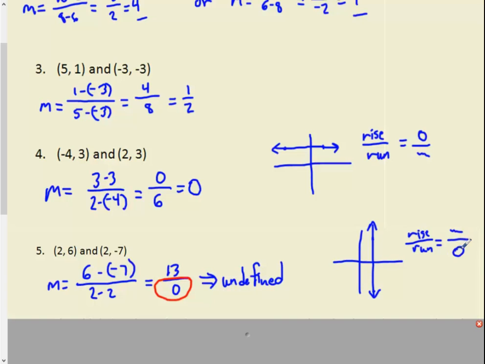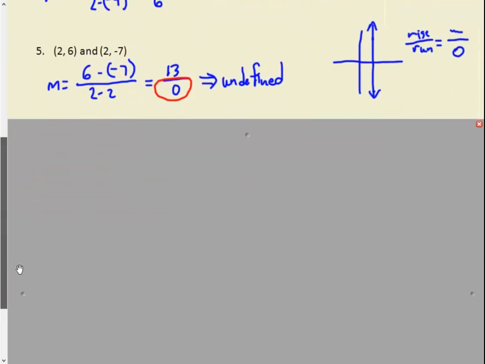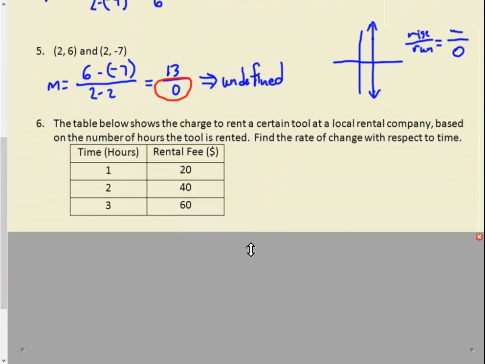We know that the run is going to be 0, not allowed, so we call this an undefined slope. So anytime you have a horizontal line that's 0 slope, a vertical line will give you undefined slope. And those are 2 good special cases to remember.